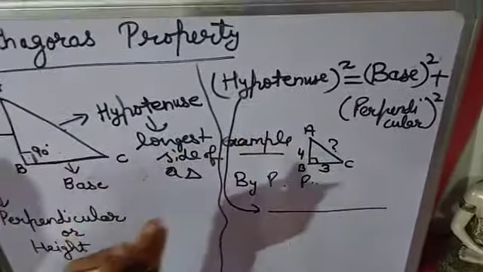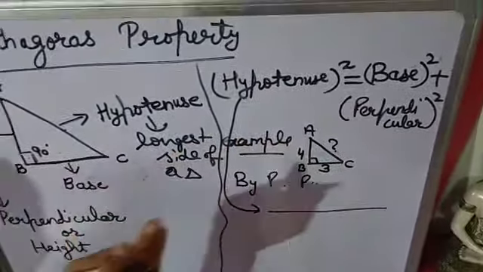But there is a square also, so we have to remove this square. How will we remove it? By using square root on both sides. This is called the square root.